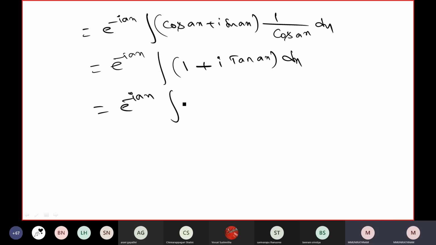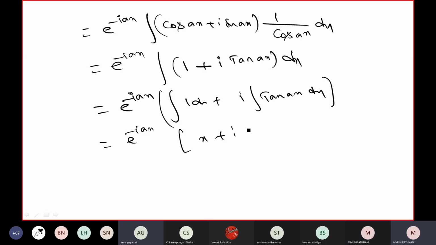So what is the integral of 1 dx? x. And the integral of tan ax is ln mod secant ax by a. This is my PI1.